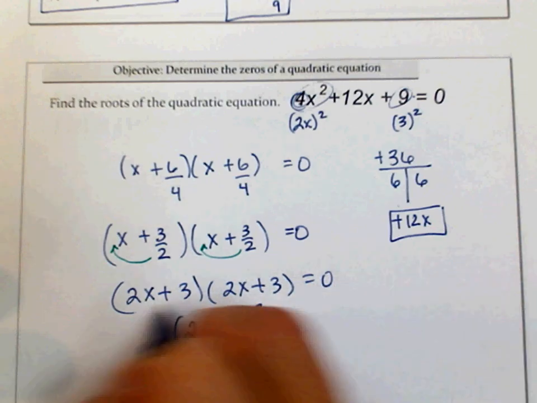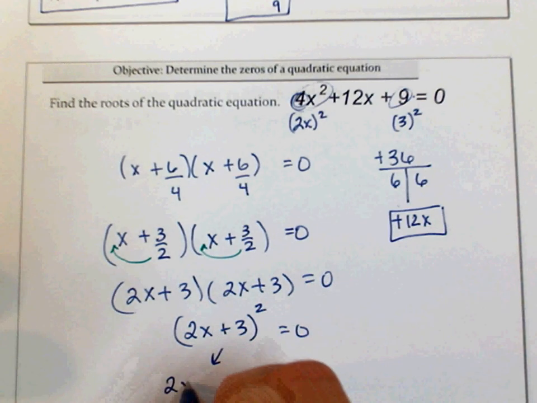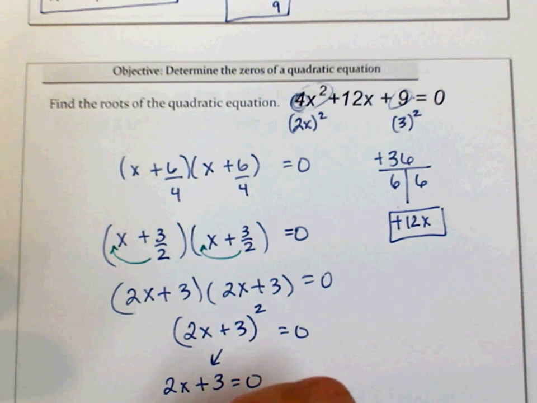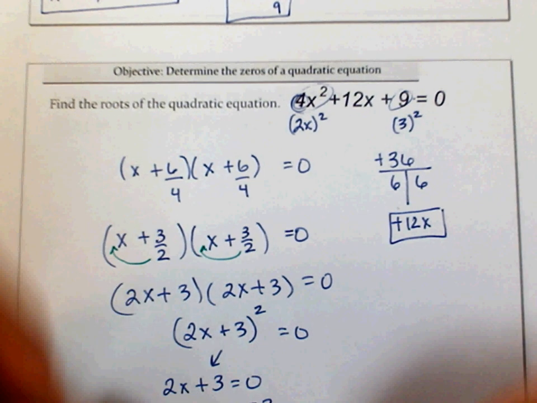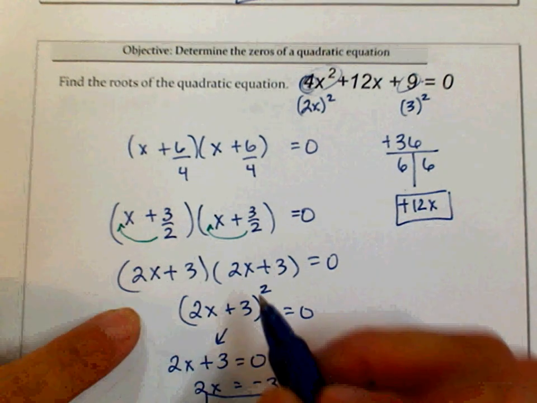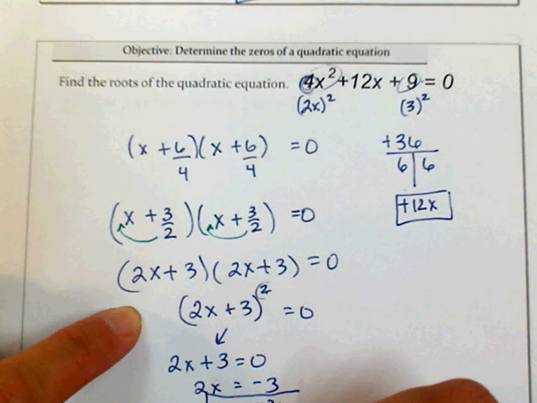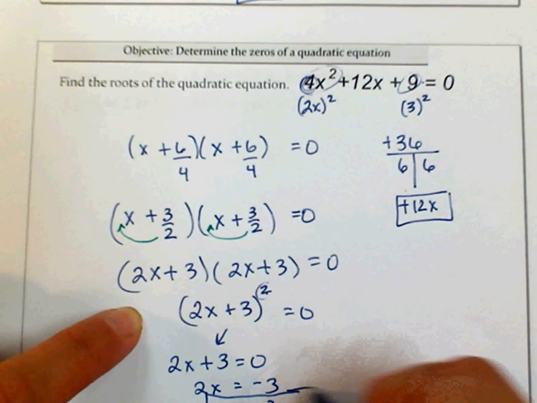Now to solve, 2x plus 3, subtract 3, divide by 2. Oh, wait. How many answers am I going to have? Square. So that is a multiplicity of 2. So make sure you say that, okay? Oops, sorry. Multiplicity of 2.